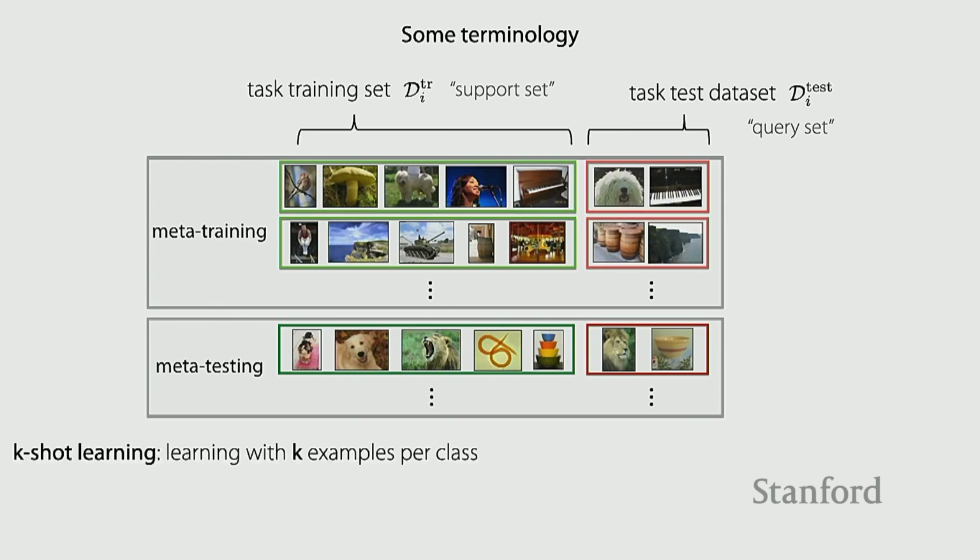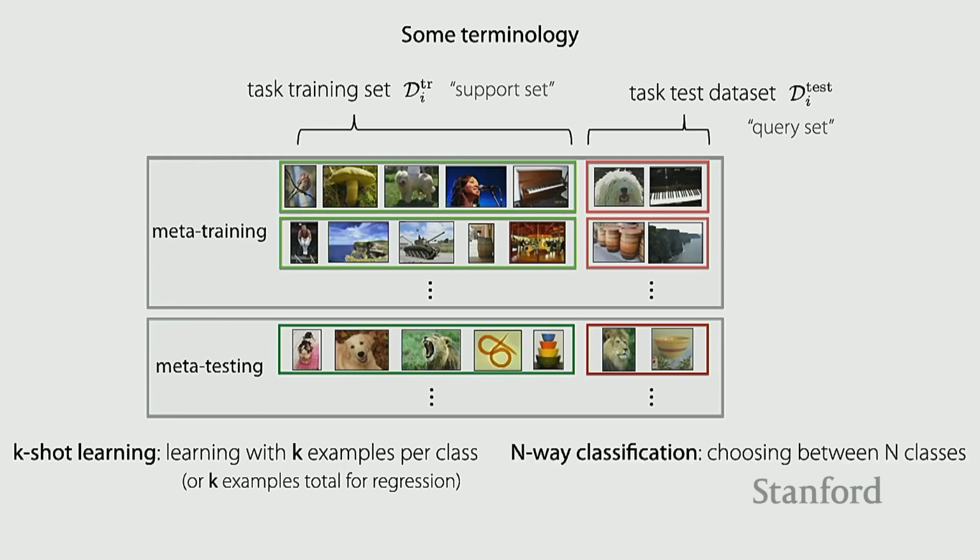And then in general, if we want to learn with a small number of examples, we refer to that as k-shot learning, where we assume that we have k examples per class. Or if you're in a regression scenario, you just have k examples total. So for example, in one-shot learning, we'll have one example per class. And in n-way classification, essentially the model will be choosing between n different classes.